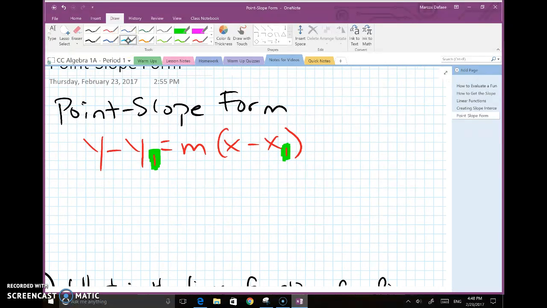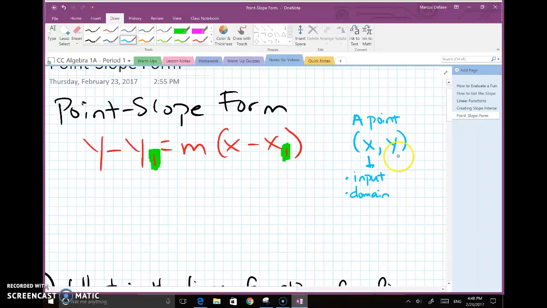If we look at a point, every point has an ordered pair. A point is always given by an x followed by a y coordinate. And just to remind you, another word for x is input number. X is also considered a part of the domain.